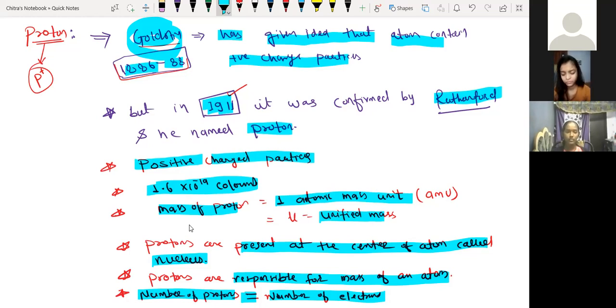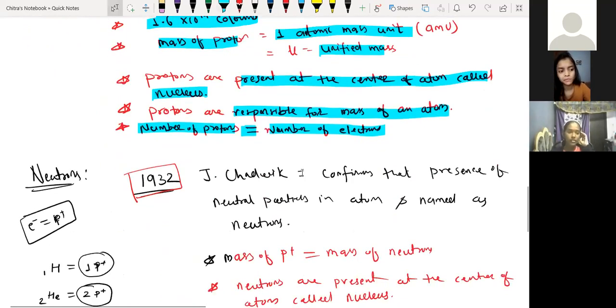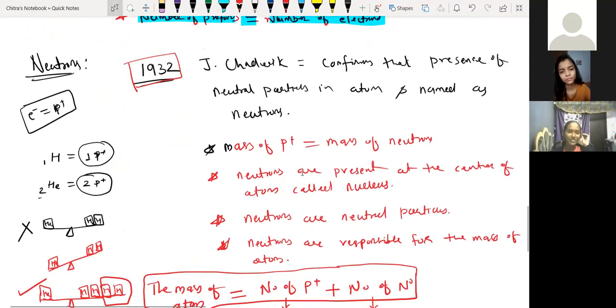That's why atoms are electrically neutral. So these are the very important points related to the proton. Take a screenshot, beta. Took, sir. Okay. Devanshi also? Sir, we also. Yes, in last class I already wrote.